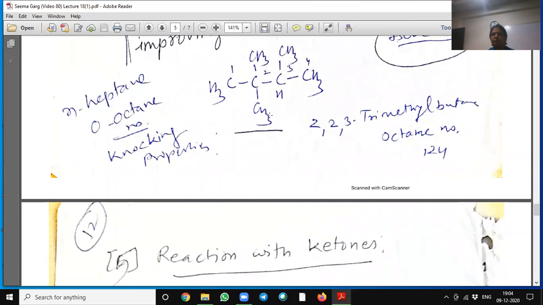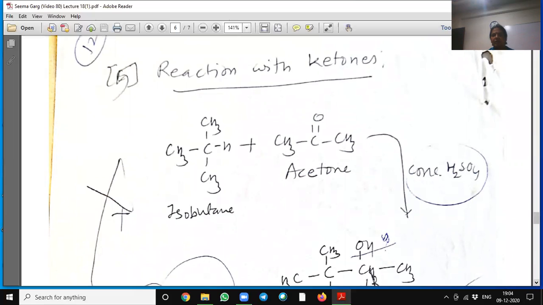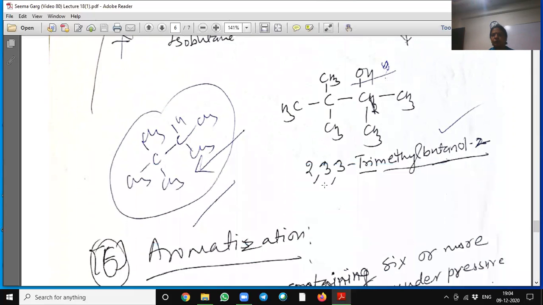So this molecule has octane number 124. Reaction with ketones. Isobutane, when it is reacted with acetone ketone, it will form this type of 2,3,3 trimethylbutanol 2.